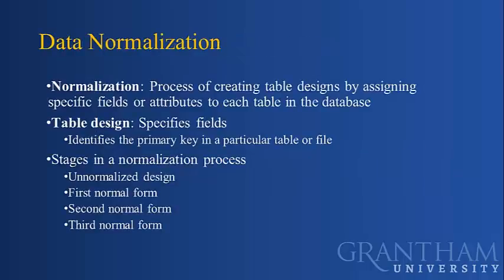Data normalization. Normalization is the process of creating table designs by assigning specific fields or attributes to each table in a database. Table design specifies fields and identifies the primary key in a particular table or file. Stages in a normalization process are unnormalized design, first normal form, second normal form, and third normal form.